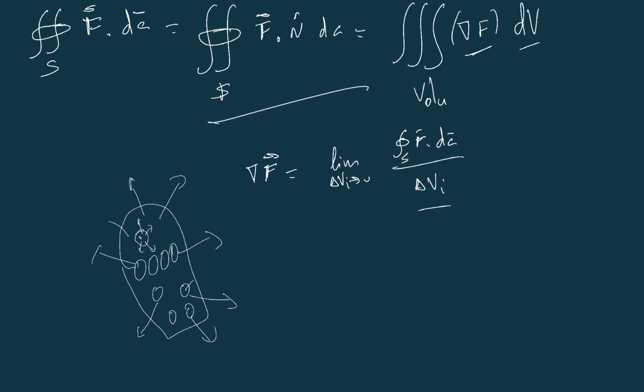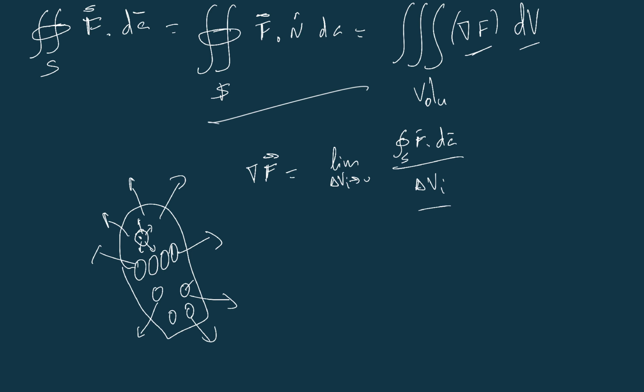So we will make a proof of this theorem, and we will do examples to convince ourselves that this makes sense. So the last theorem that I would like to describe is the Stokes theorem.